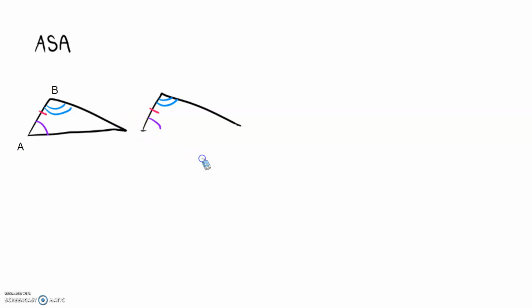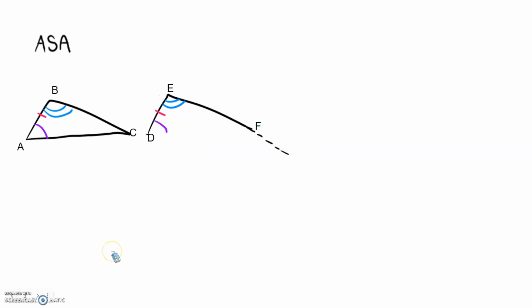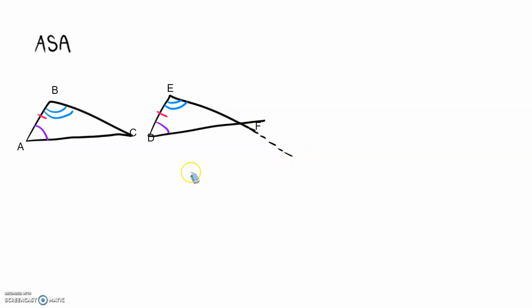I can extend this line here, and then in order to make this a triangle, I would have to make a side right here, but I would have to follow this angle, so I would only have one option, and I could only make one kind of triangle, just like side angle side. So then it would be congruent.